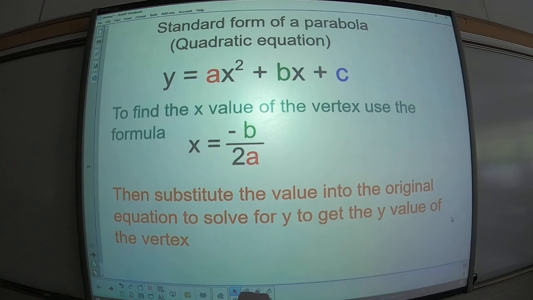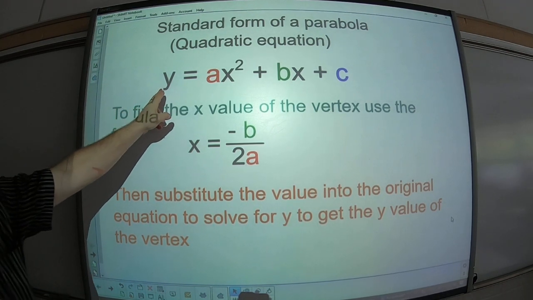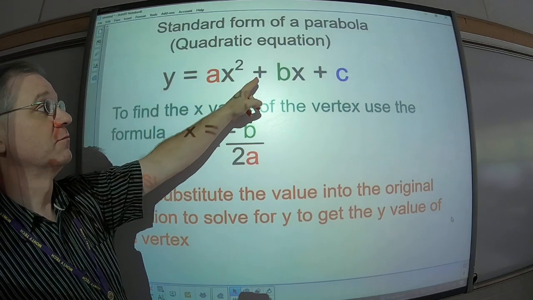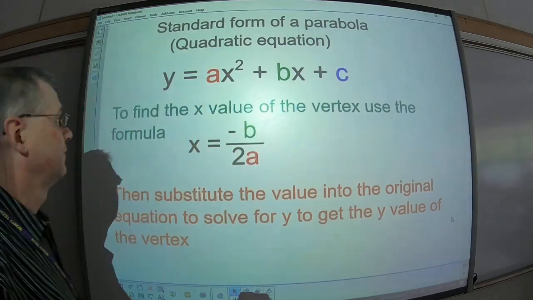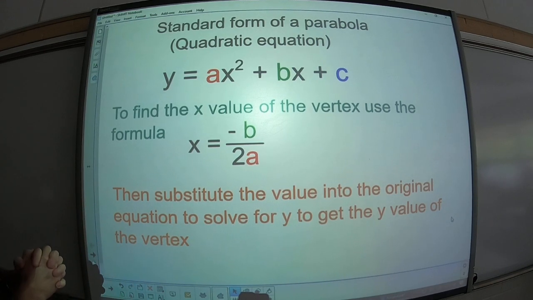So today we're going to work with the standard form of a parabola, a quadratic equation, in the form y equals ax squared plus bx plus c. That's the standard form.